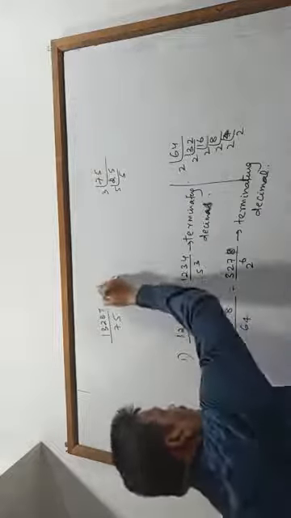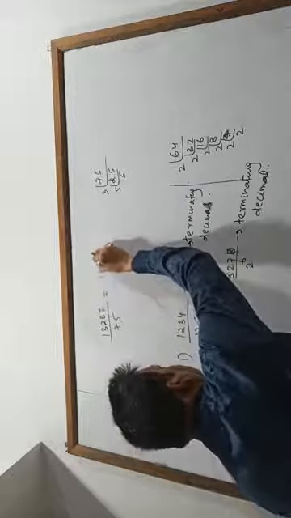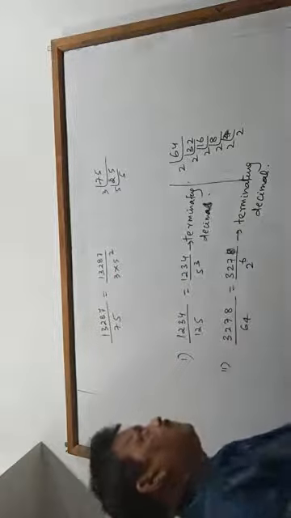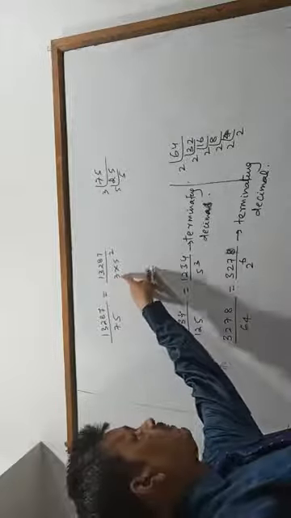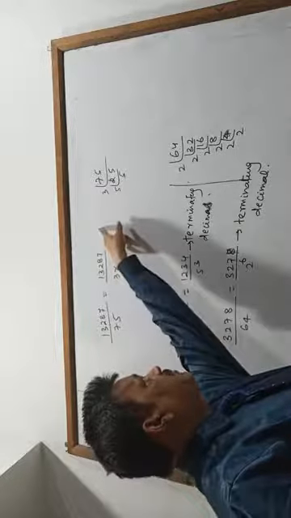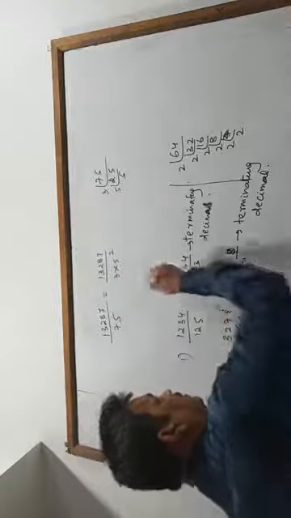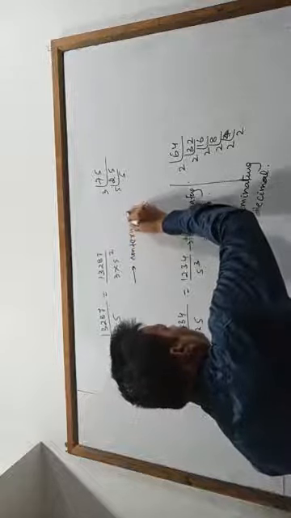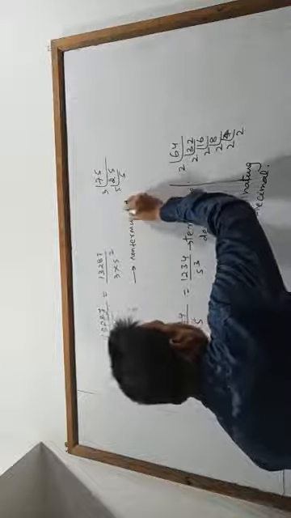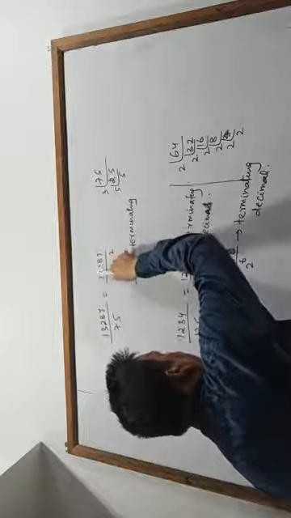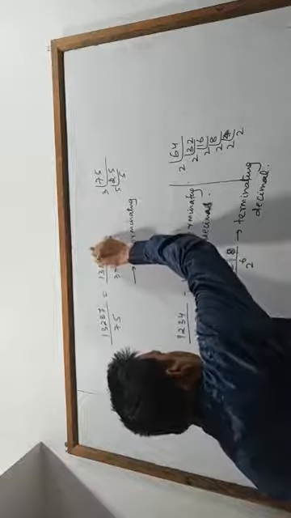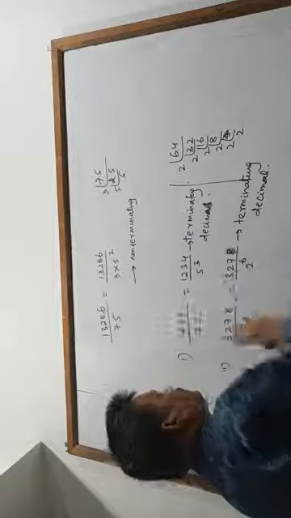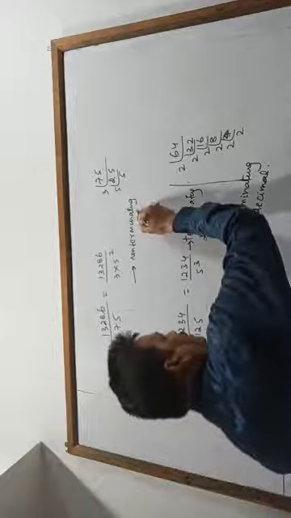That means it is 13287 by 3 into 5 square. So 3 has come out. 5 square, if it is only 5 square, then it will be terminating. Because 3 is here, this will be non-terminating. So you write as non-terminating decimal.